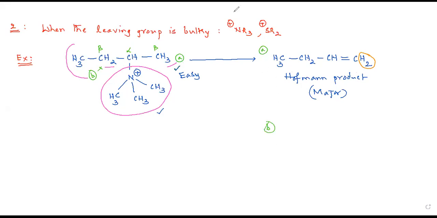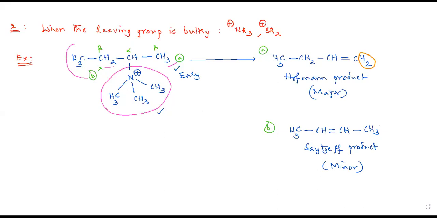So when this hydrogen, I mean B, is removed, we get Zaitsev product. Zaitsev product is minor in this case. Okay.